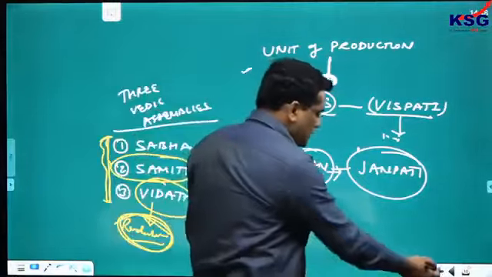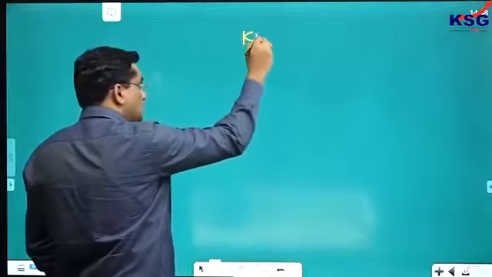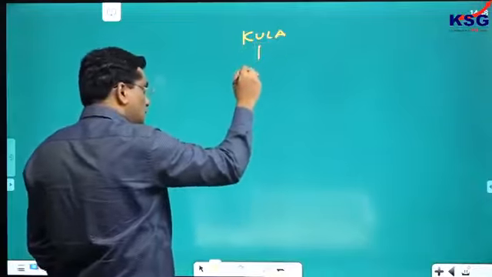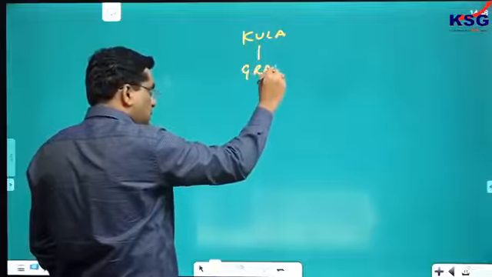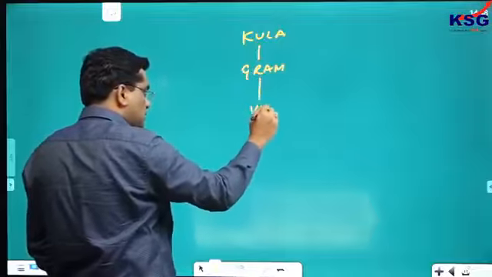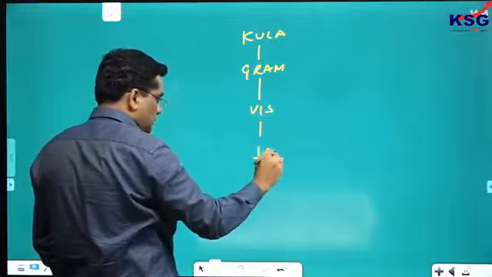So finally, let us summarize. In terms of size: Kula, then Gram, Vis, and then Jan.